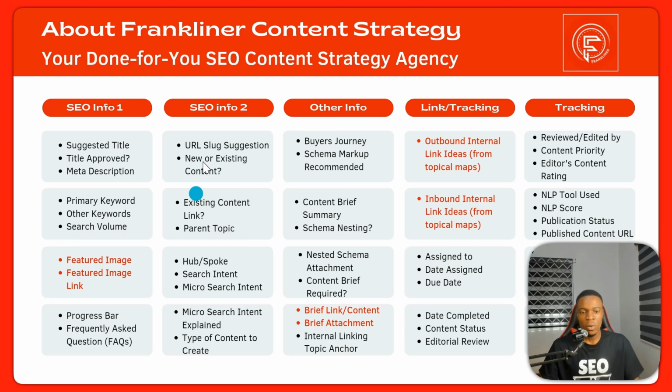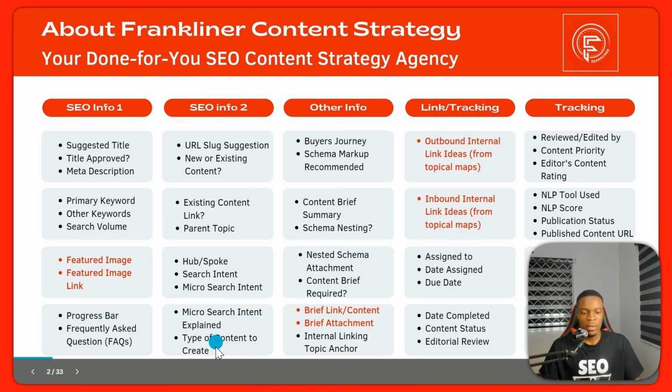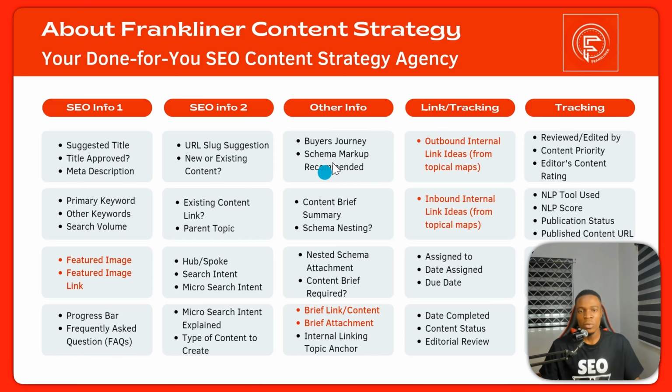There's a column to track whether you are writing your existing content. There's a column for parent topic, search intent, micro search intent, the type of content you have to create, buyer's journey, and the recommended schema markup you need to use on the page or on the content you are creating to optimize it further.